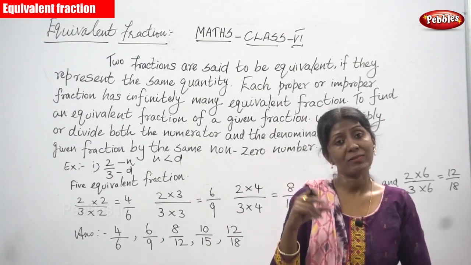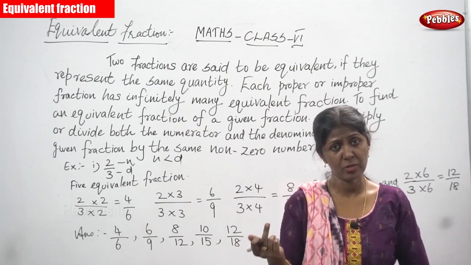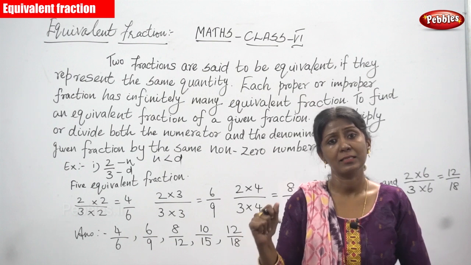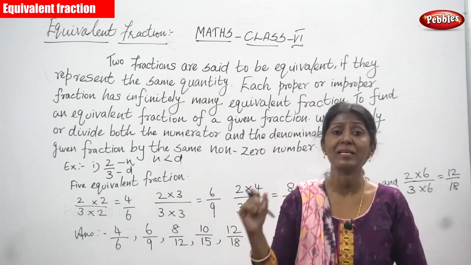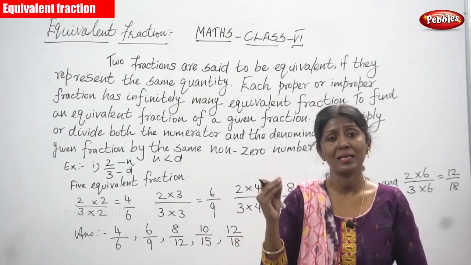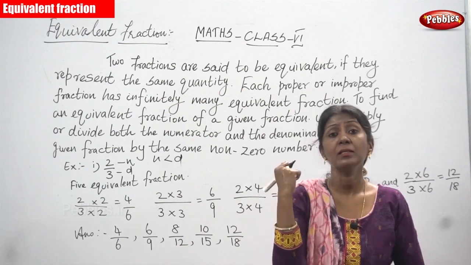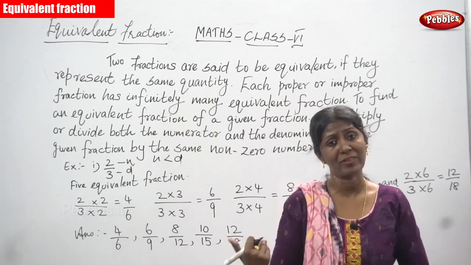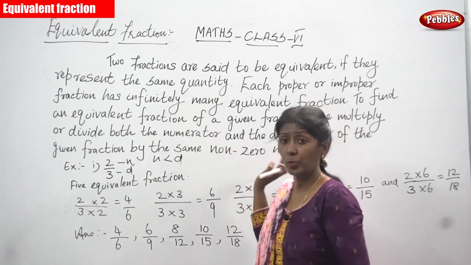Whatever number you have taken for the multiplication or division, that number should be the same and you should not change the number. Then you can find the equivalent fraction. That is the meaning of the question.